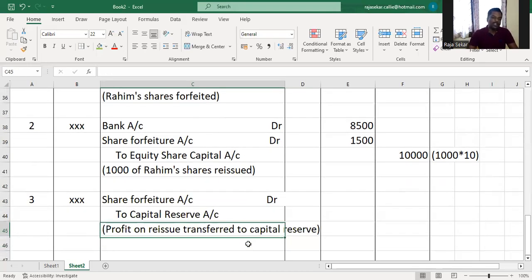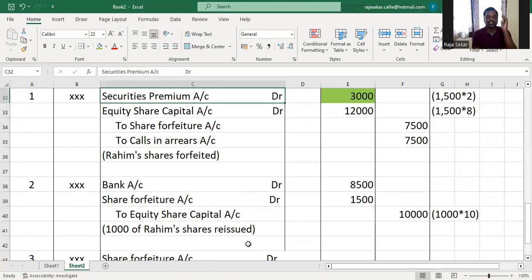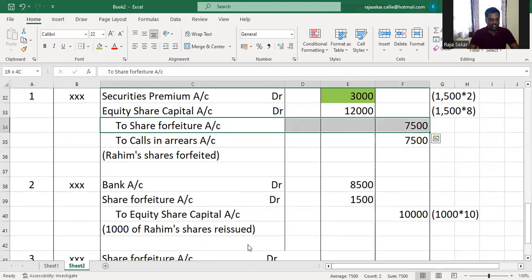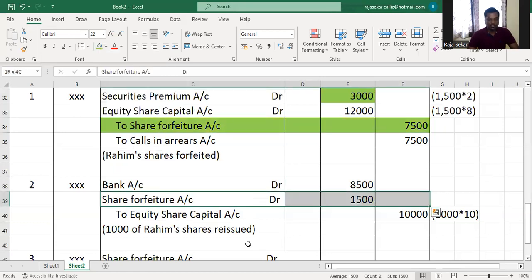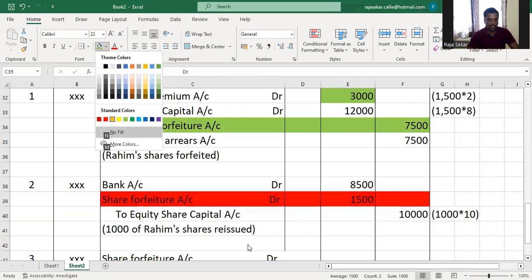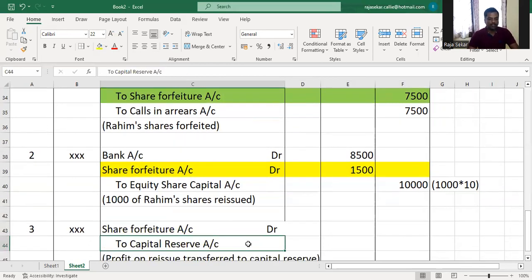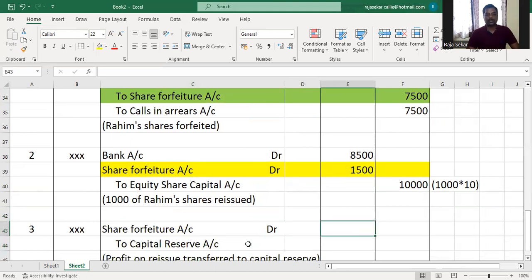Now, when there is a complete reissue, profit on reissue computation is very simple. That is profit on forfeiture, which you credited to share forfeiture account, minus the loss on reissue that you incurred while reissuing the shares, will give you the profit on reissue, which has to be transferred to capital reserve.